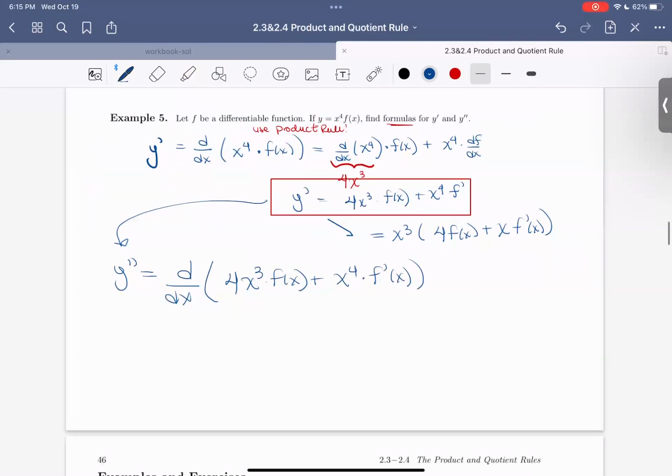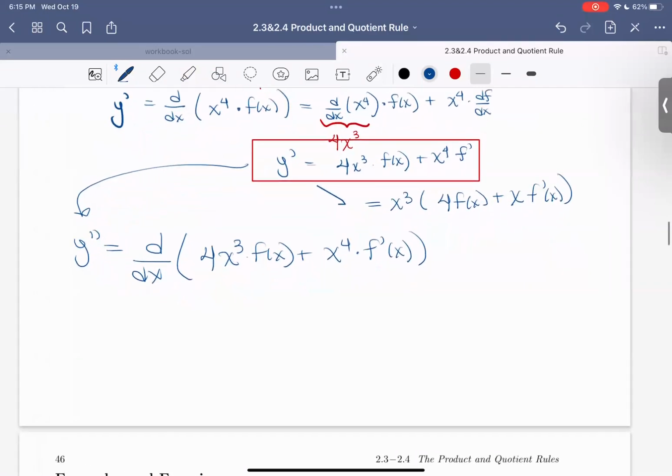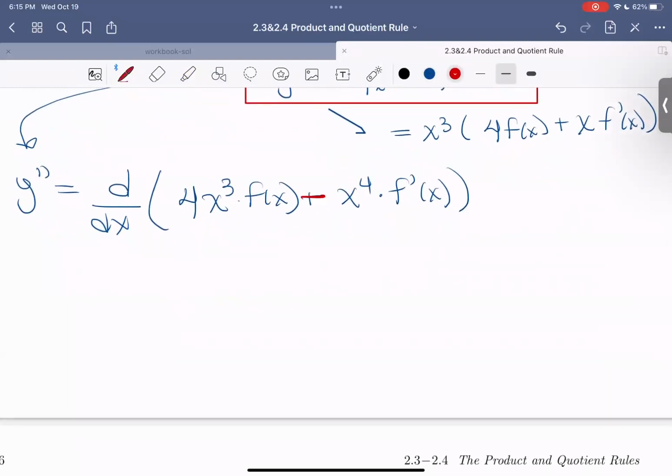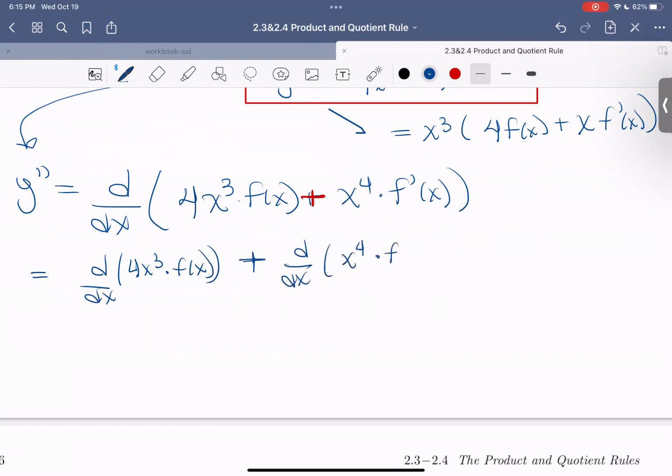So now overall, we have a sum here. So we need to first compute the derivative of each term. So this is going to be equal to the derivative of 4x cubed times f of x, plus the derivative with respect to x of x to the fourth times f prime of x.